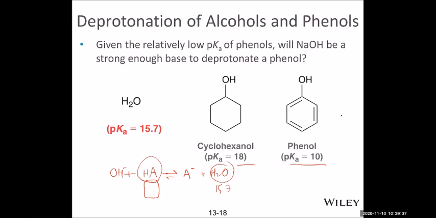So therefore, only the phenol will have this reaction. Phenol will be deprotonated by hydroxide to form phenoxide. And so sodium hydroxide is not a strong enough base to deprotonate normal alcohol. We need an even stronger base to deprotonate alcohol.